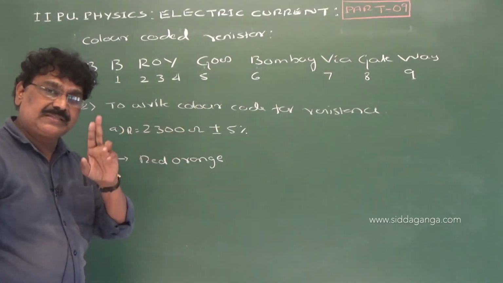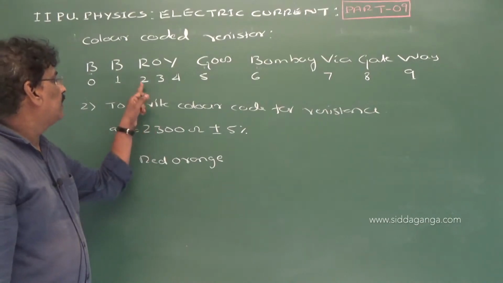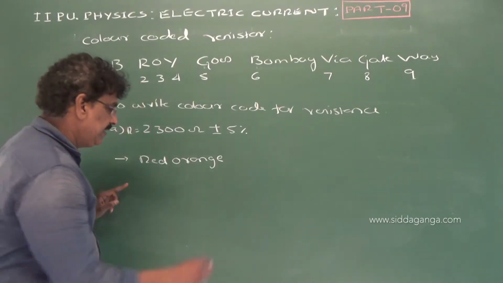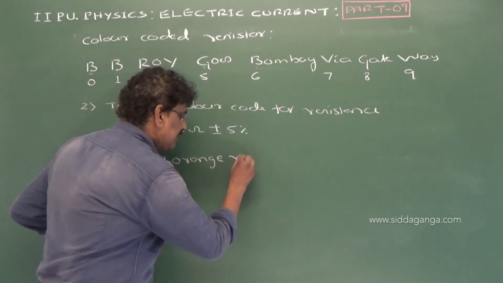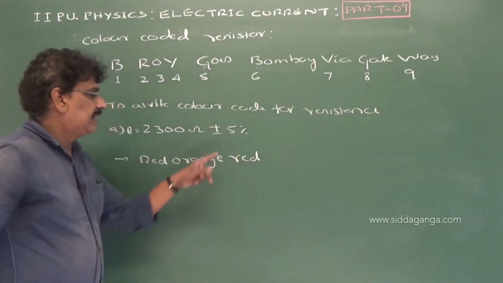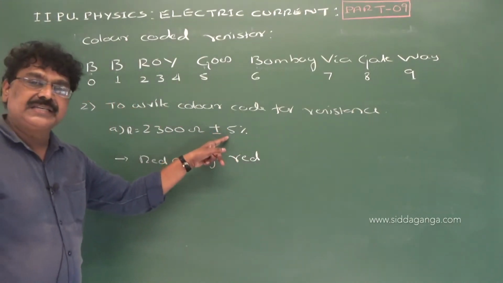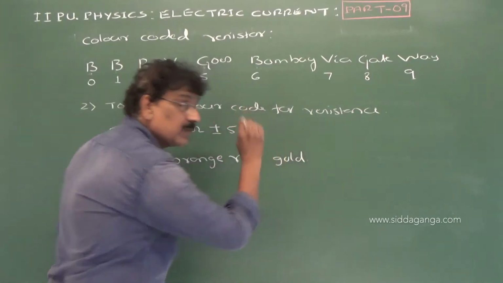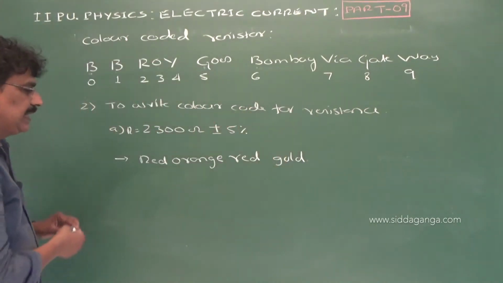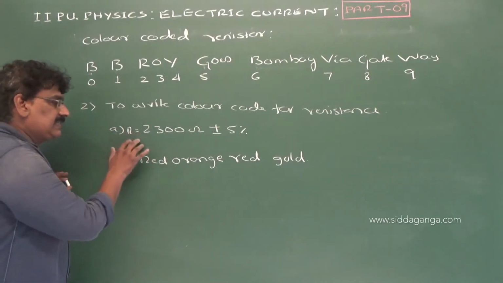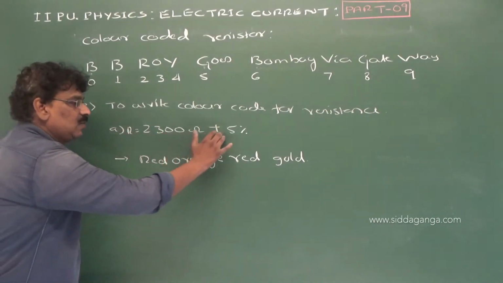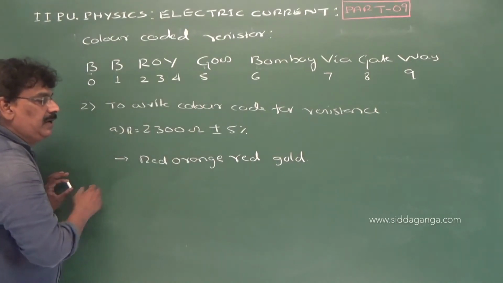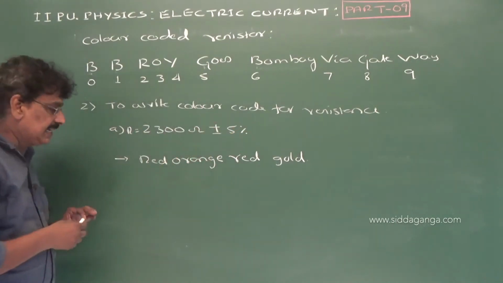Two zeros means the number is 2. 2 is again represented by red. So red, orange, red. Then the tolerance is 5%. That is gold, right?